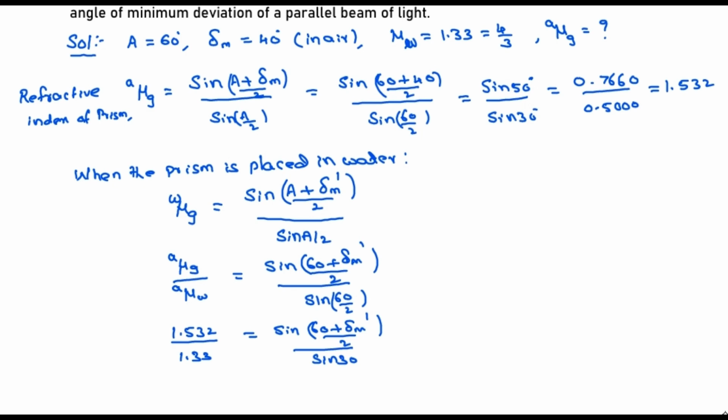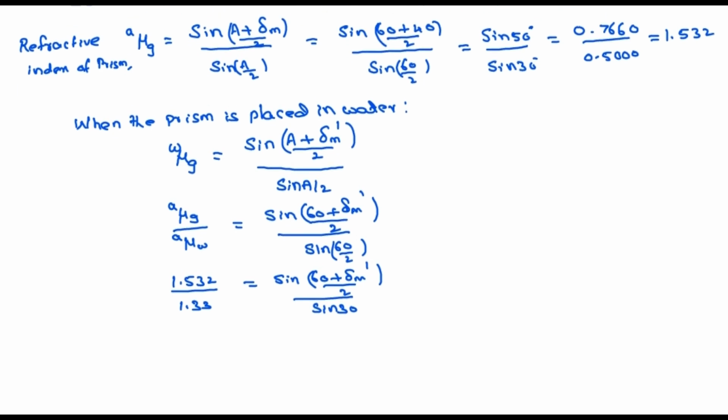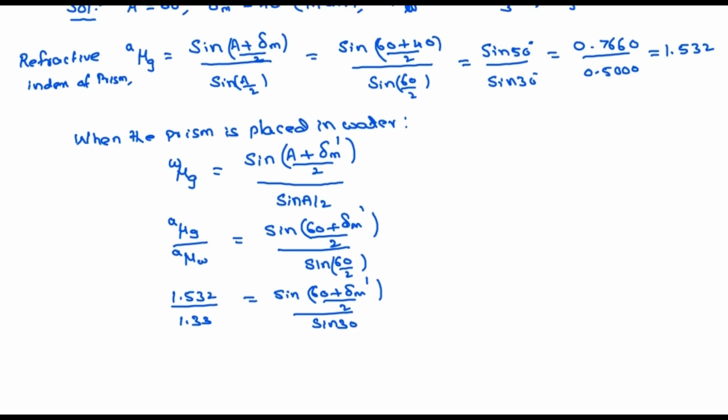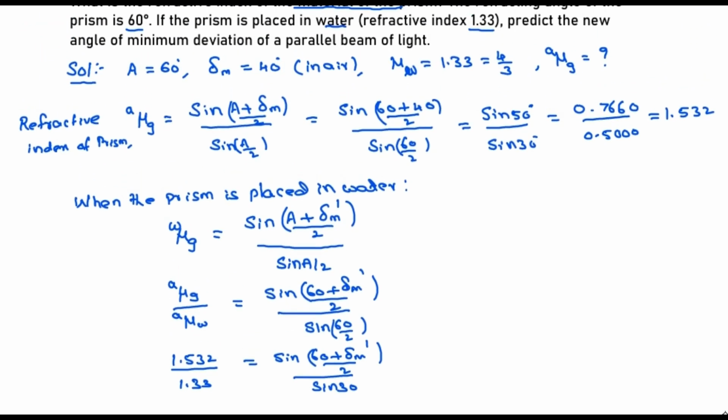So from this we can write sine of (60 plus delta m dash) divided by 2 is equal to 1.532 divided by 1.33 into sine 30. Sine 30 is nothing but 0.5.